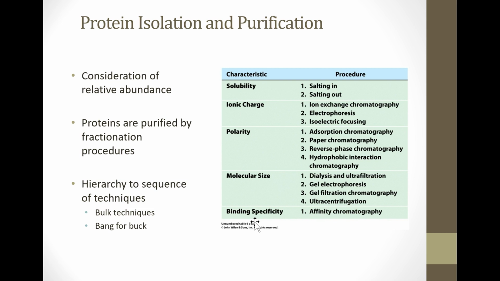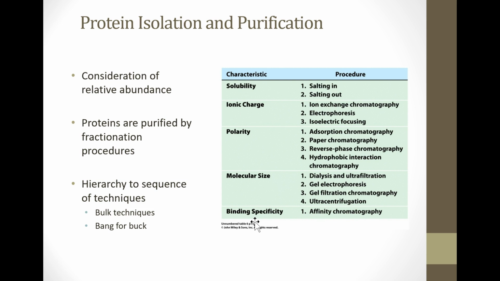There's a variety of different techniques we can utilize, and usually when you're in the pursuit of a single protein or complement of proteins, you have to use a suite of different techniques which separate the protein based on various different chemical properties it's possessing. So some techniques are more suited towards bulk processing early on.